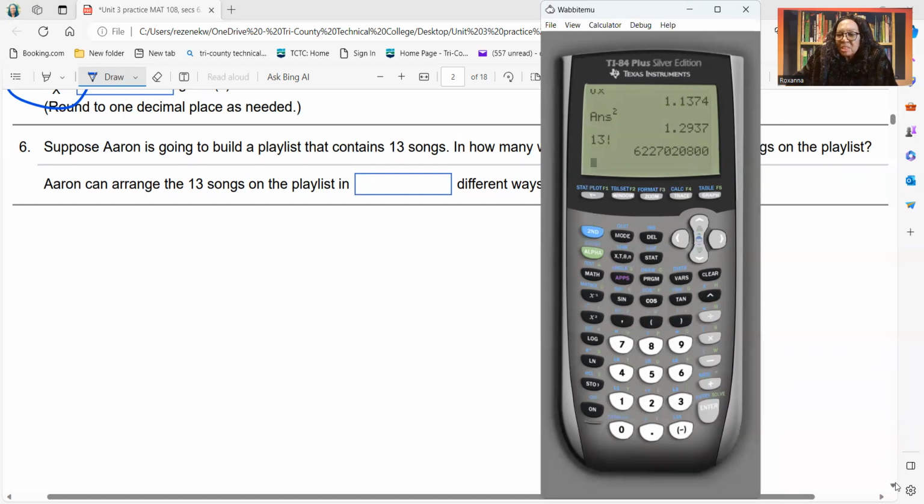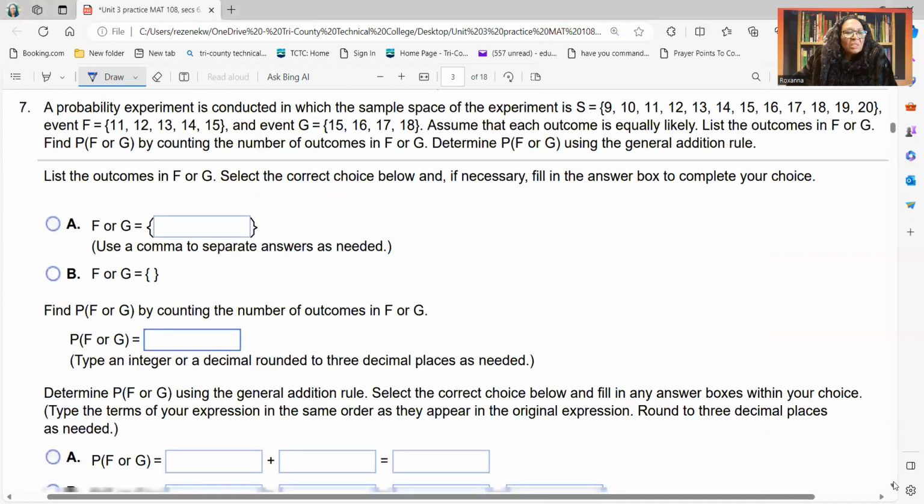We're not going to follow it in order though. Let's go to number 7, because if we can do number 7, there are other numbers that look like number 7. A probability experiment is conducted in which the sample space is, let's count the sample space. How many are there? 1, 2, 3, 4, 5, 6, 7, 8, 9, 10, 11, 12.